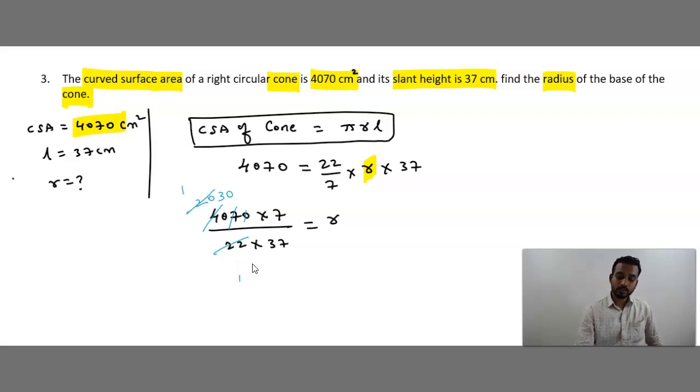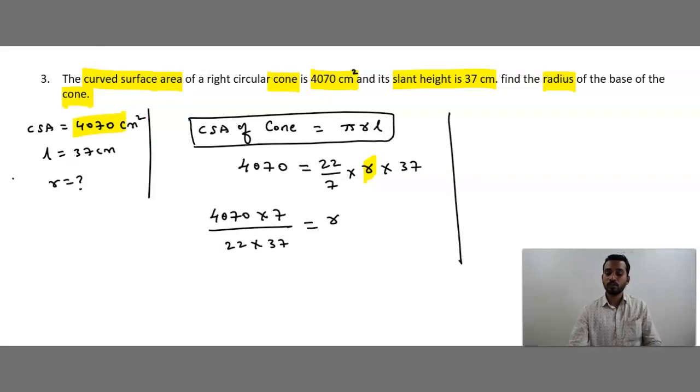And one more thing I want to tell you, see how it looks. When you are cancelling these terms, the main page is getting disturbed, right? So we should not cancel any terms here. Please remember, if you want to see your page very neat, put a working column on the right hand side. The terms you want to cancel, split them and write there, so it will be easy for you.